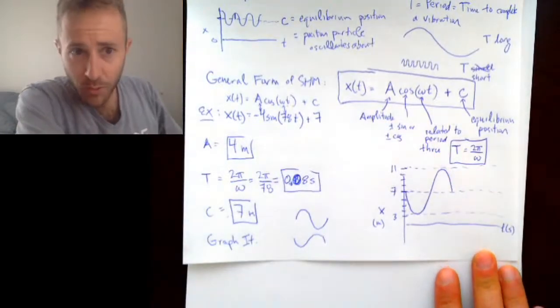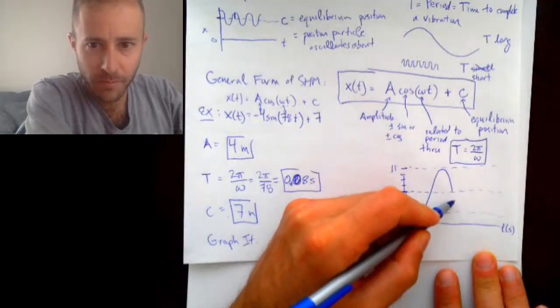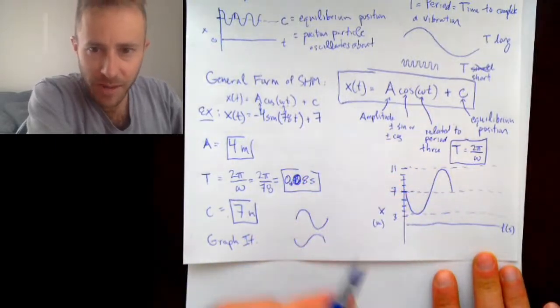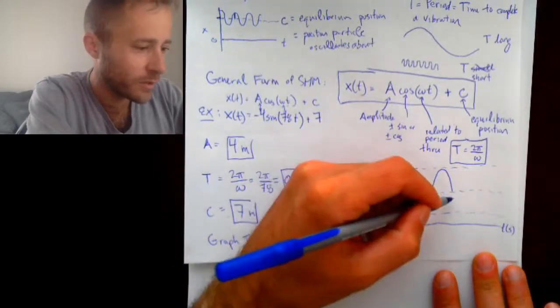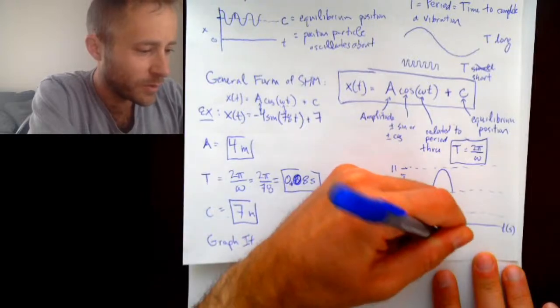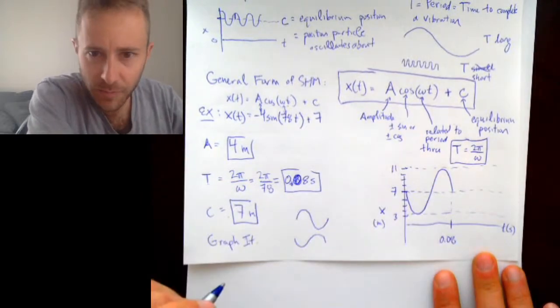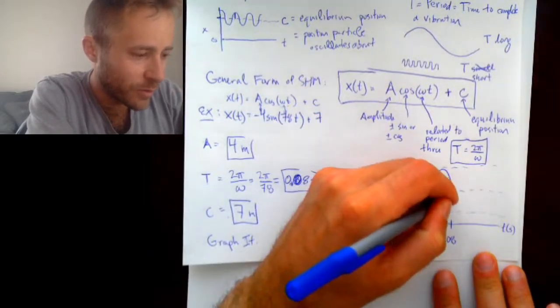That's one full vibration because it's a back and a forth. We know the time duration of one full vibration is 0.08 seconds. So this right here would have to be 0.08 seconds.